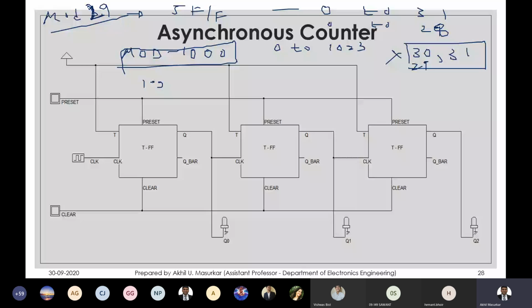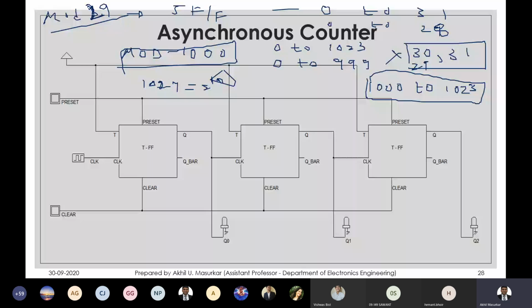So you will have 10 flip-flops, and it can count up to maximum 0 to 1023. But I am counting from 0 to 999. So my invalid states will be from 1000 to 1023. So there are 24 invalid states. I hope you are understanding this very clearly.